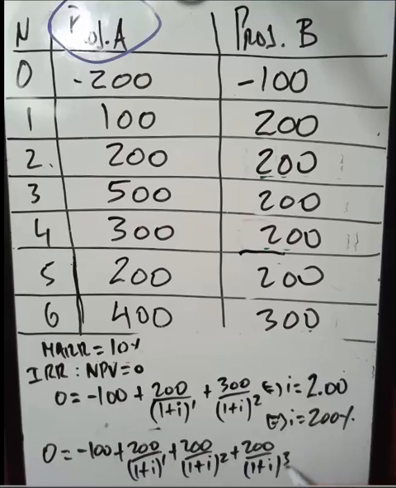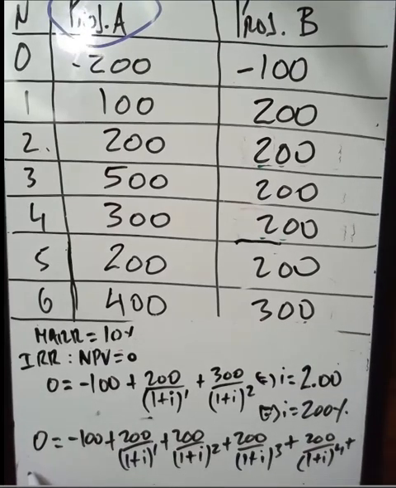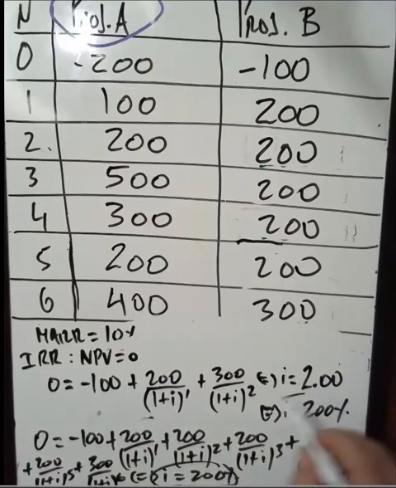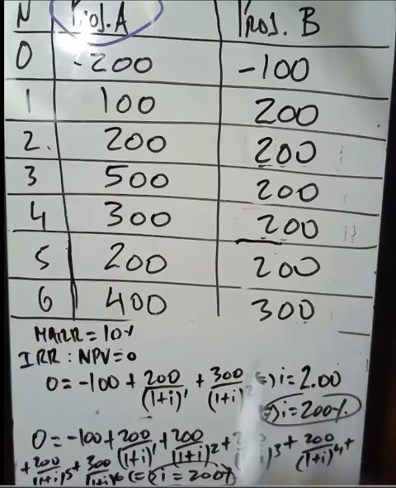Could also use the annuity formula if you wish, but let's just keep this as simple as possible, plus the 200 discounted 5 years, plus the 300 discounted 6 years, you'll get the same 200%. The return per dollar invested does not change. So the relative value methods are more robust than the absolute value methods in evaluating the best project.